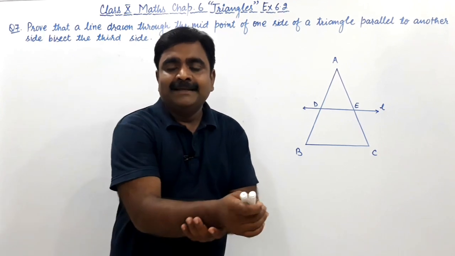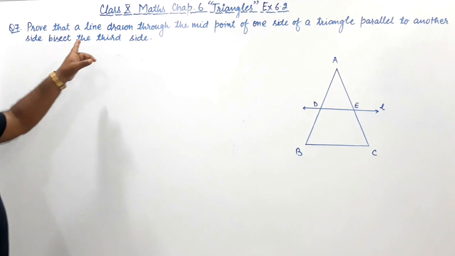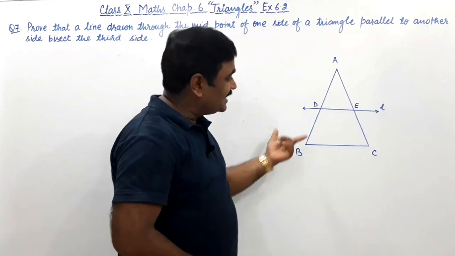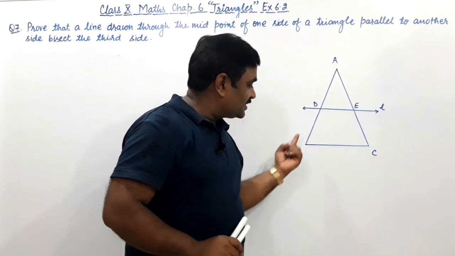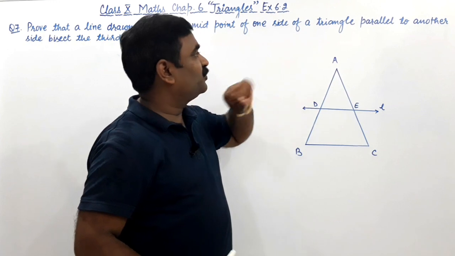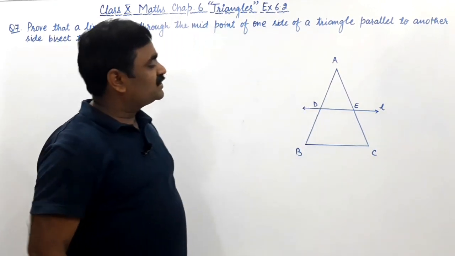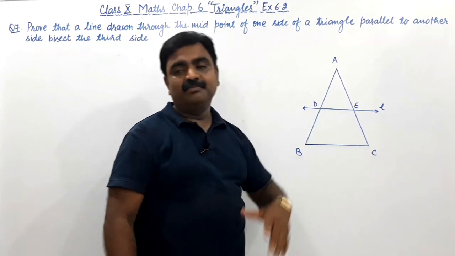Okay friends, see question number 7. In this it is given, prove that a line drawn through the midpoint of one side of a triangle, means this line L is drawn through the midpoint of this one side AB, means D is the midpoint, and parallel to another side, it means this line is parallel to BC.